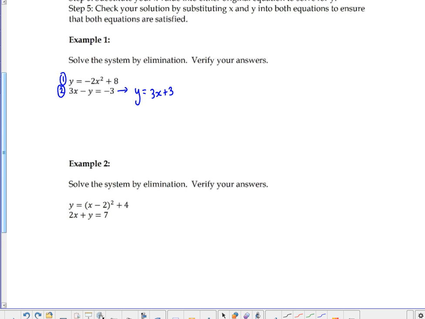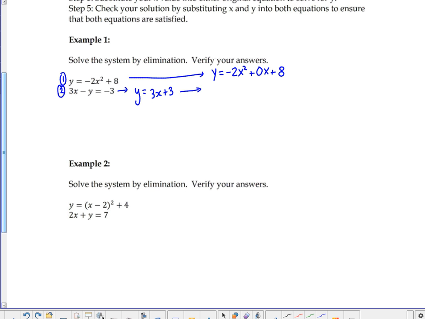Okay, so equation 1, now we have y equals, I have a negative 2x squared. Do I have any x's? The other equation has an x, a 3x. So we need to use a placeholder. How many x's do we have? 0 x's. And then we have plus 8. Okay.